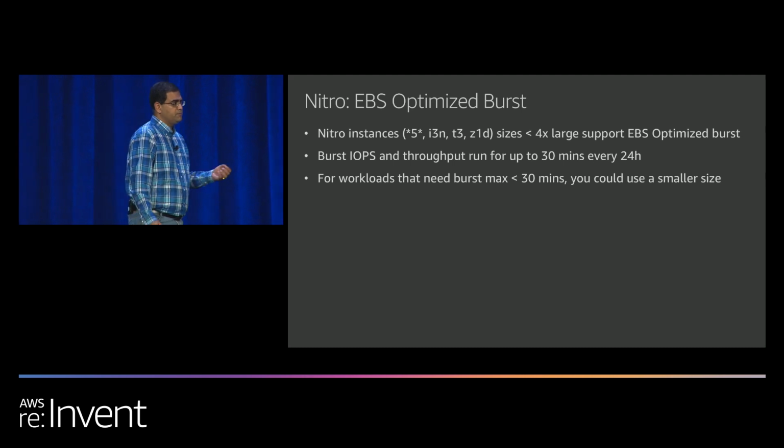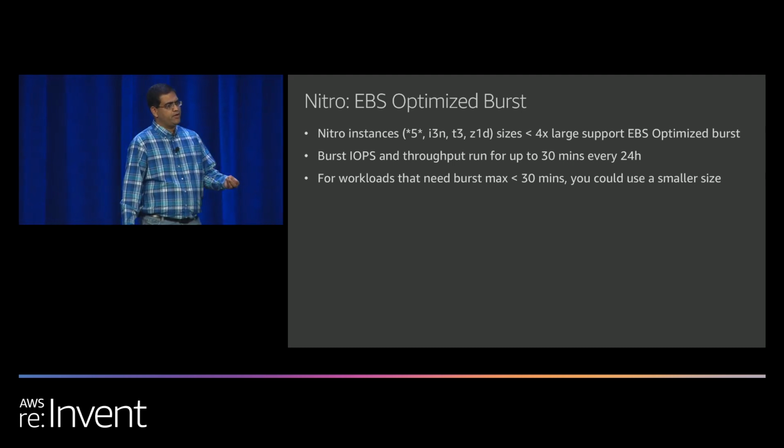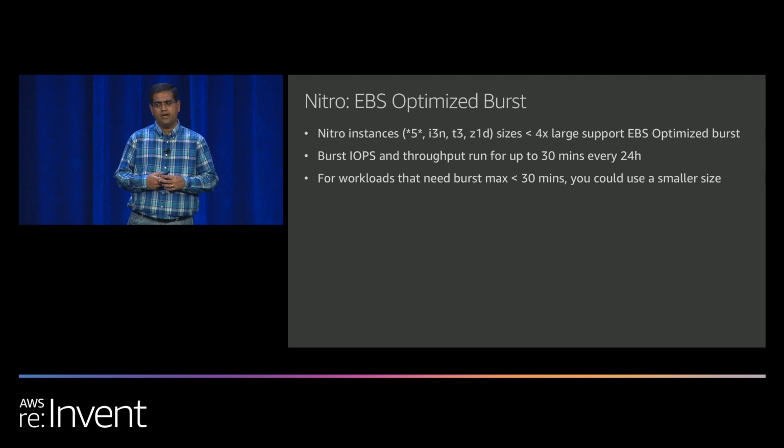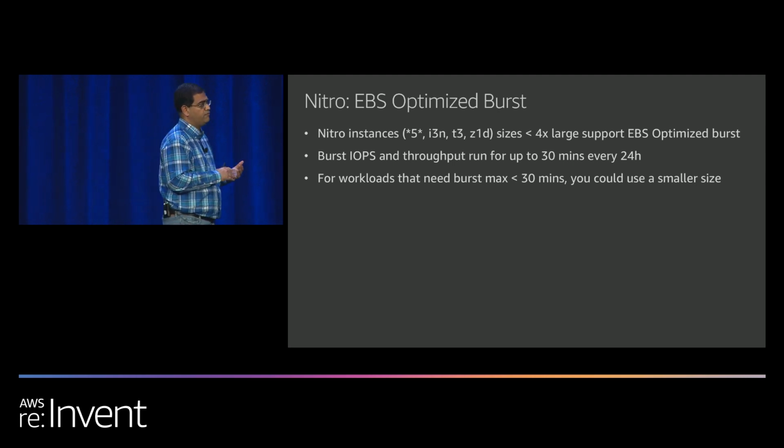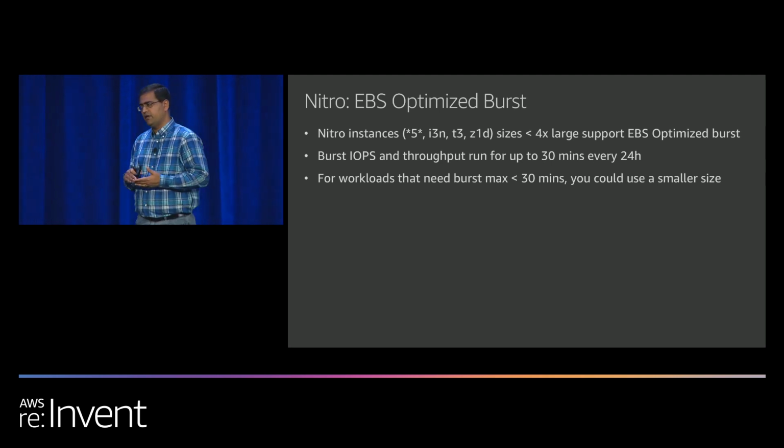We talked about optimized burst earlier as a benefit, but how does it work, and what does that mean for you as customers? When you think about Nitro EBS Optimized Burst, we've enabled it on our Nitro family, so our 5 family, i3EN, T3, Z1D.